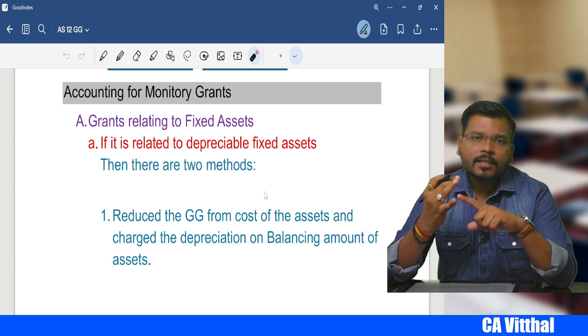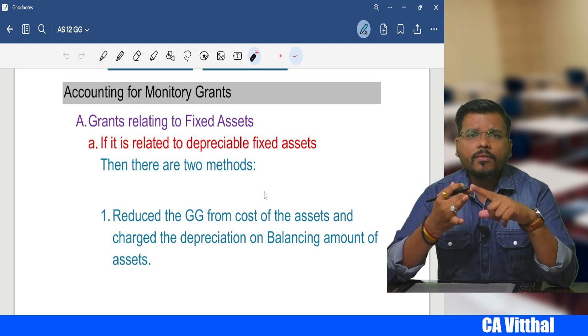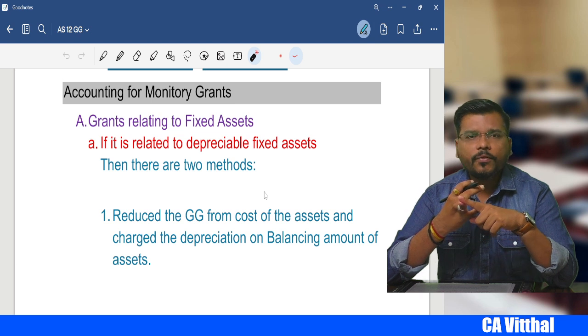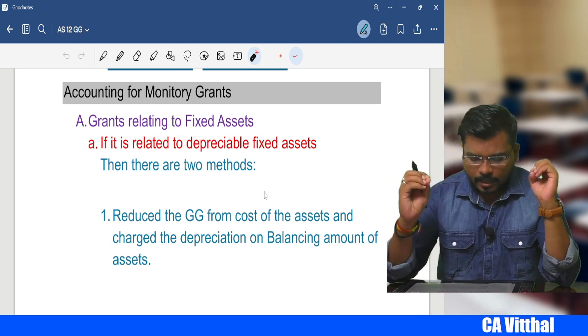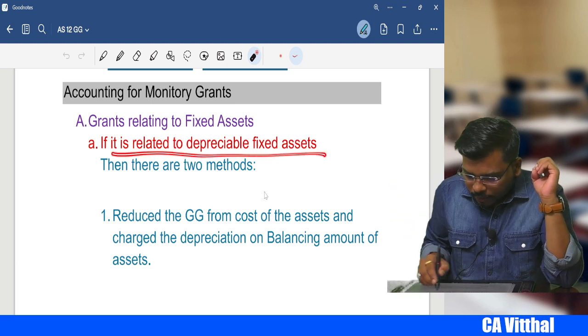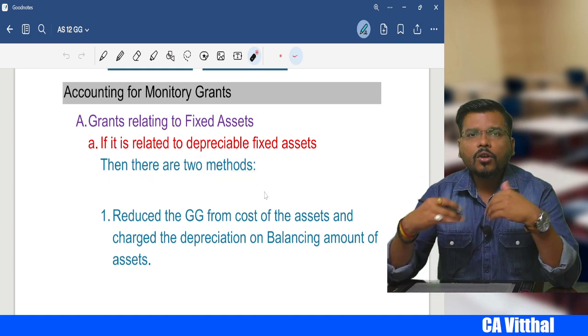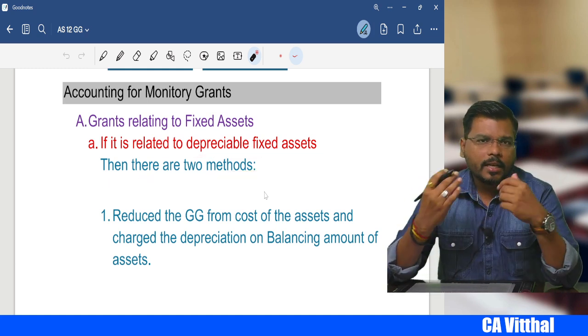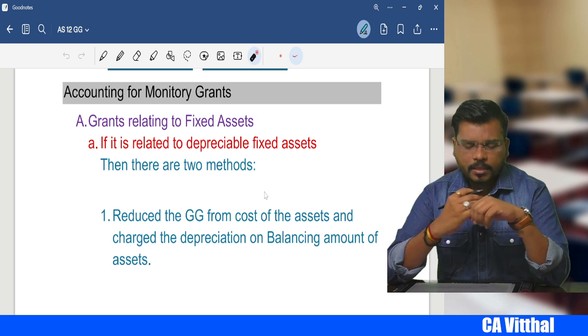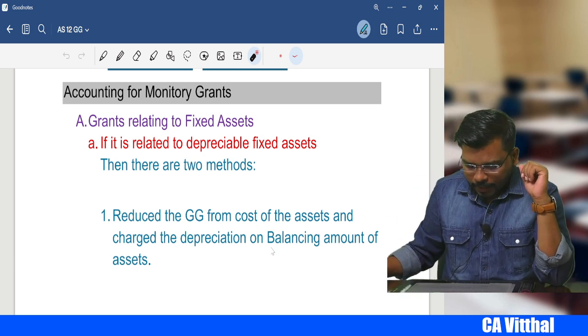So first we discuss the depreciable fixed asset and then we will discuss the non-depreciable fixed asset. If the government is giving the grant for depreciable fixed asset, then there are two methods. How to record the government grant if they are giving it for the depreciable fixed asset? First one, that government grant, right?